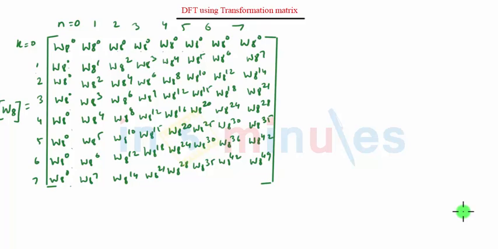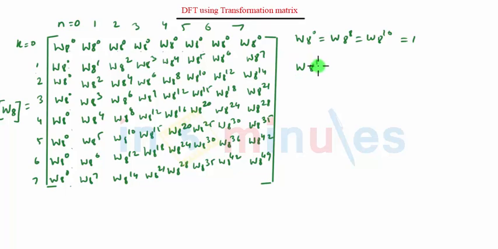But we know that the twiddle factor has a cyclic property, so we don't need to find the values of each and every term. We know that W8 raised to 0 is similar to W8 raised to 8, and again W8 raised to 16. So the multiples of 8 are finally equal to 1.